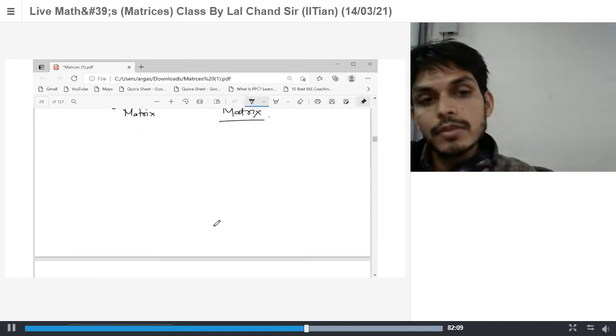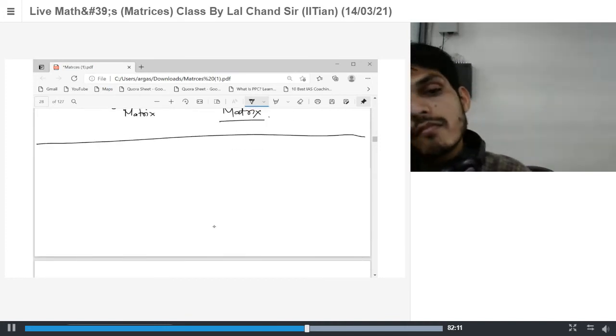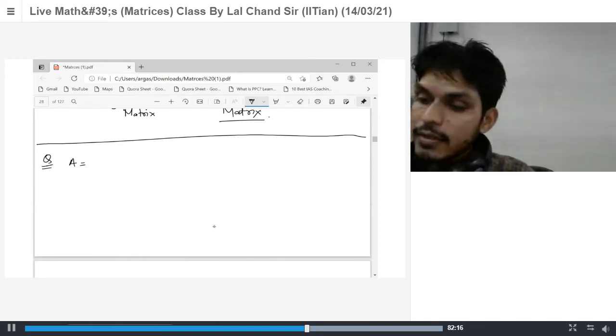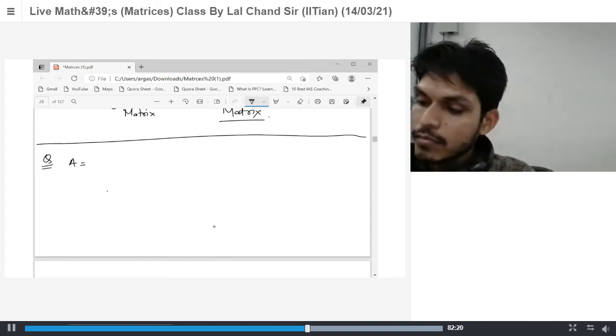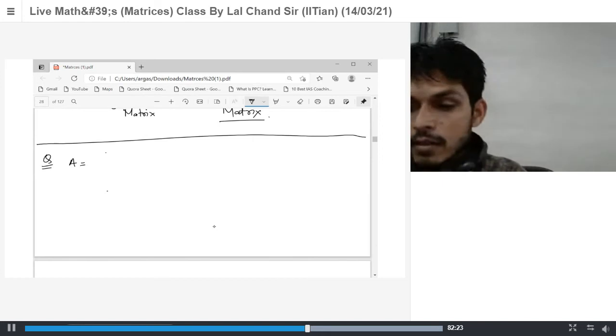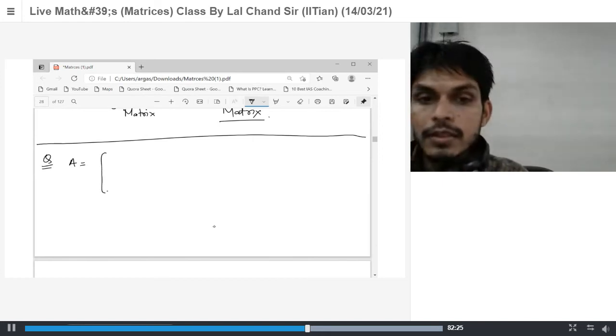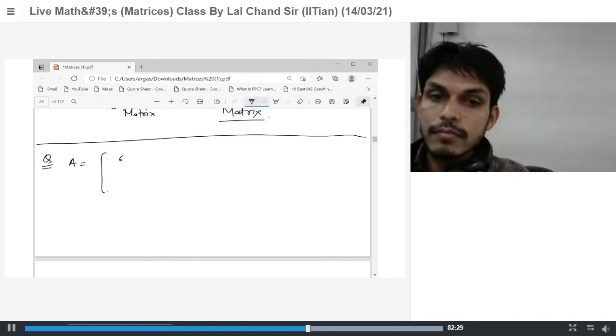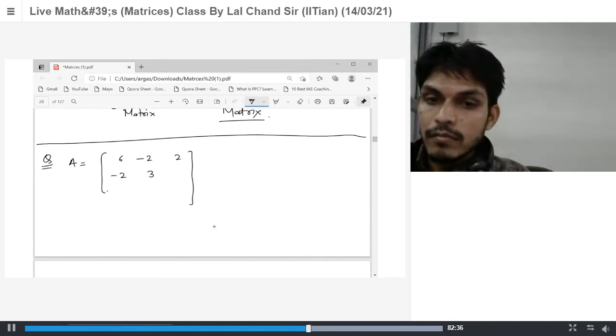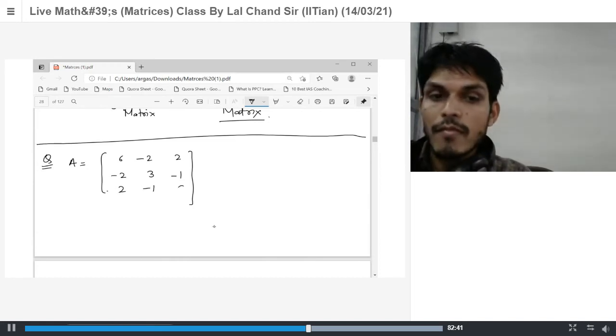So let us suppose I have a matrix A as given.